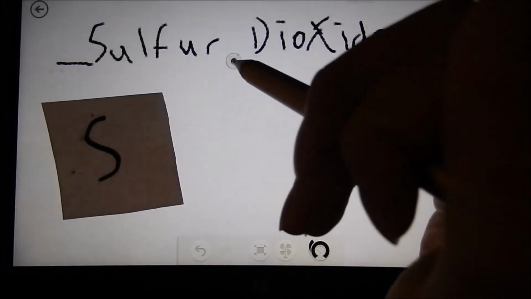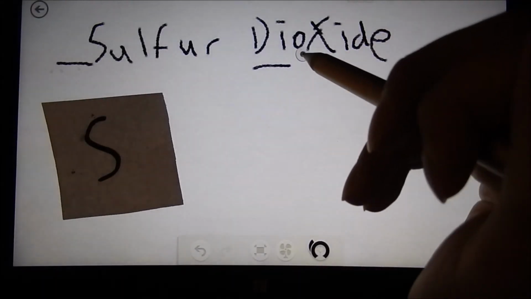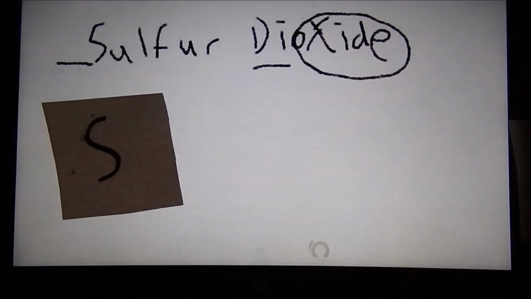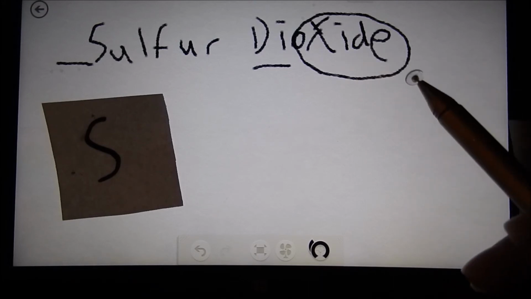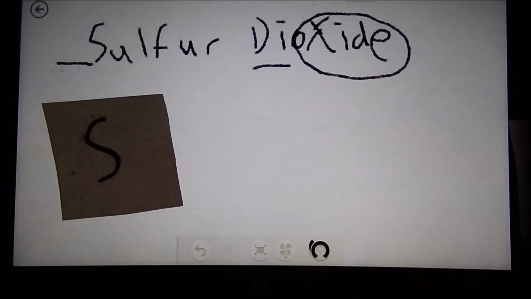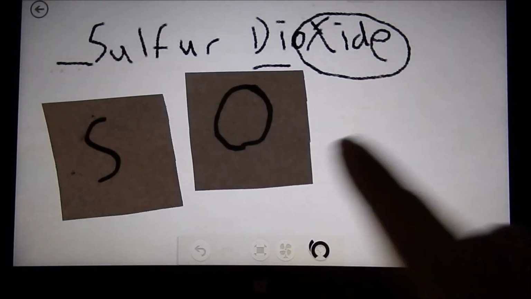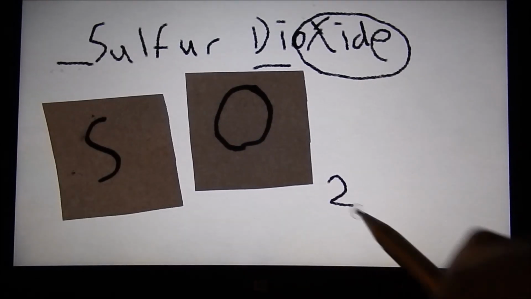And because of the di on oxide, we know from the chart that di is 2. And then oxide is oxygen. So we know that there are 2 oxygens. So it becomes SO2.